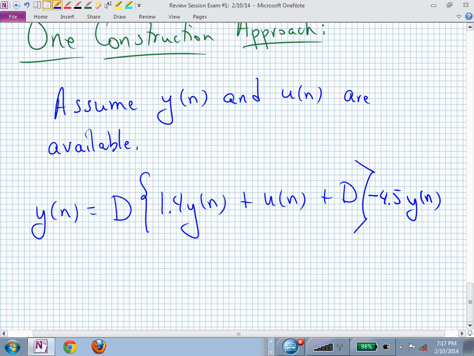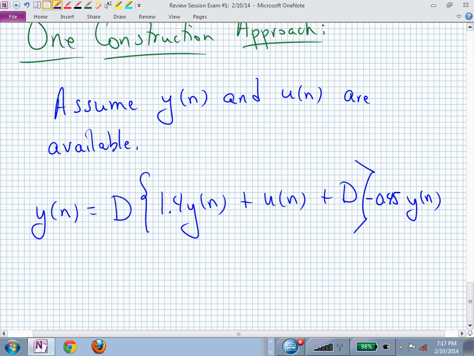Oh, it's not minus 4.5. I may go more horizontal quicker than I thought. Minus 0.45. Is that what it was? And then I'm running out of space, or you might be on your paper, so I'm not closing anything up.